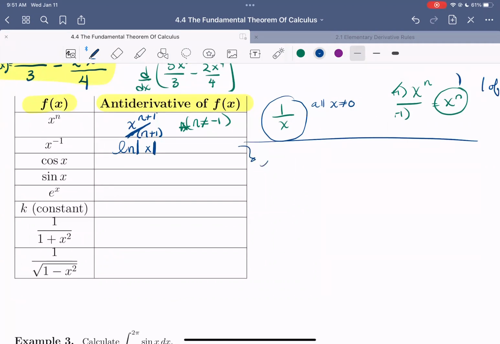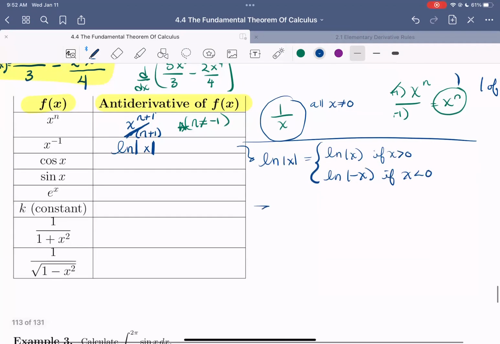The function ln of the absolute value of x is equal to ln of x if x is bigger than 0, and ln of -x if x is already negative. So if x is negative, then taking the negative of x gives us a positive value. So the ln of the absolute value of x is actually what's called a piecewise function.